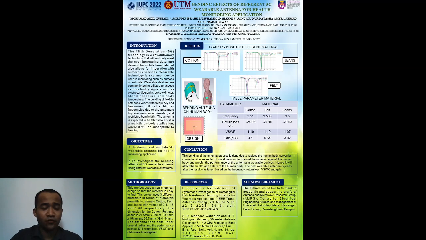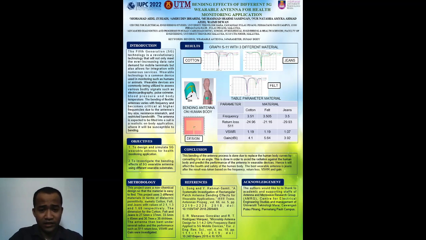The dimension for the cotton is 27.5 mm times 37 mm. For the felt, 33.5 mm times 45 mm, and the last one is for the jeans, 30.7 mm times 39.44 mm. The antenna is then bent under several radii and performance such as S11 return loss, VSWR, and gain were investigated.